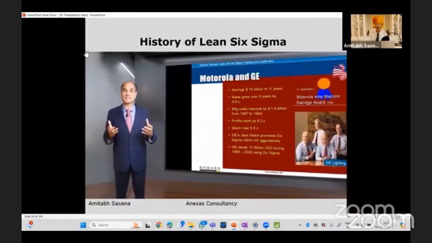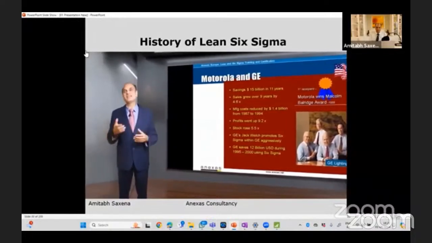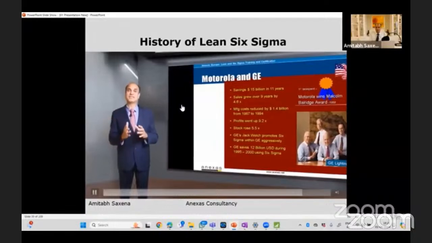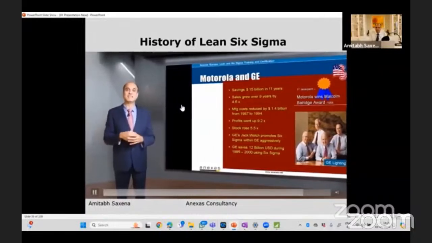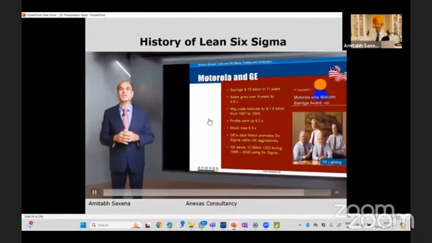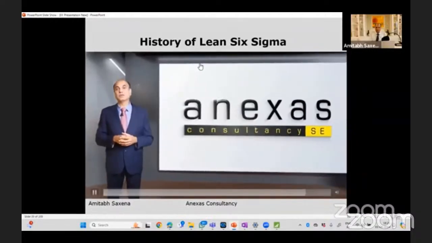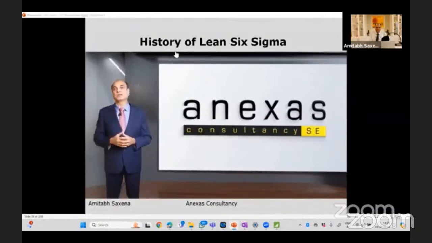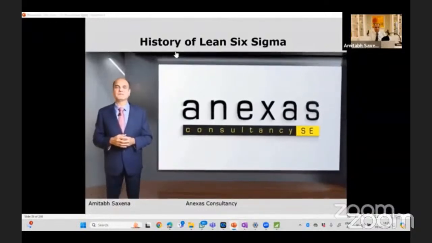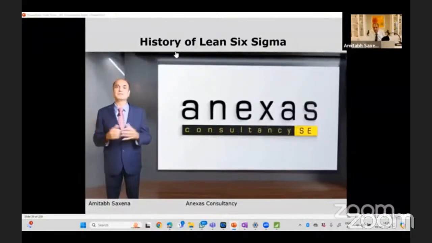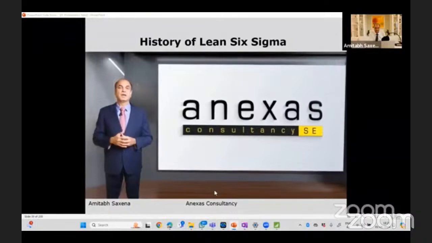So vendors also started asking what is Six Sigma, and GE would say that we will send our master black belts and train you in this methodology. So in this manner, Lean Six Sigma spread out around the world, and today almost 80% of the Fortune 100 companies and many more companies around the world have implemented Six Sigma and Lean.